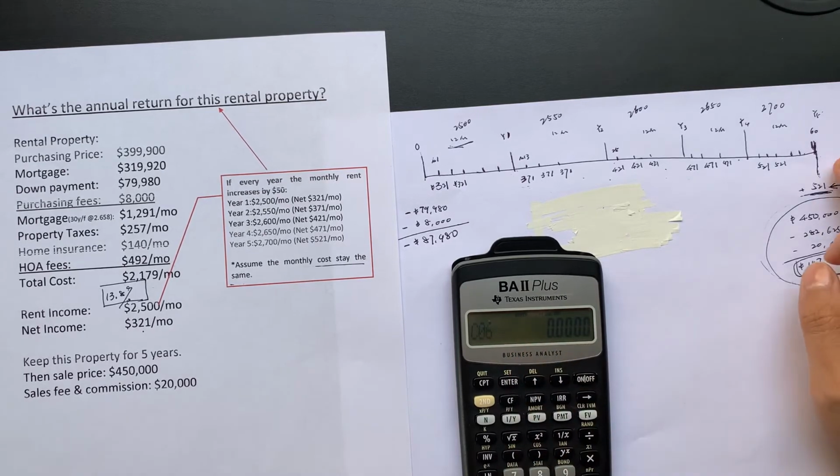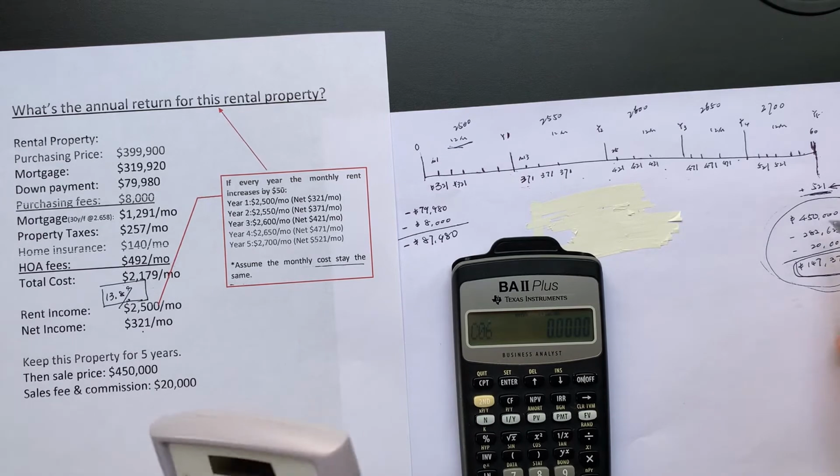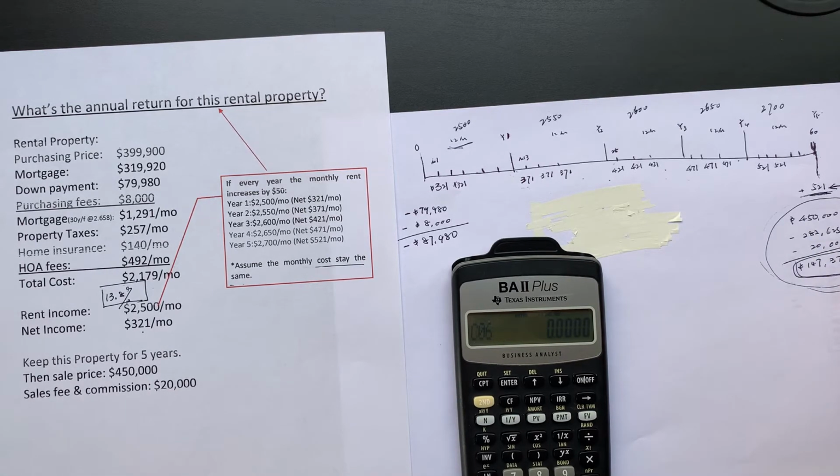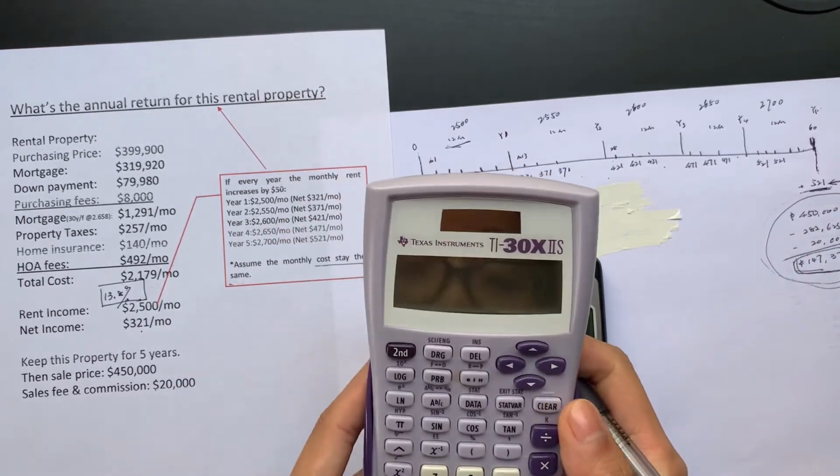Then for the last cash flow: when you sell the condo, you pay off your mortgage balance, then pay all the commissions and fees, so you have net proceeds of this much.